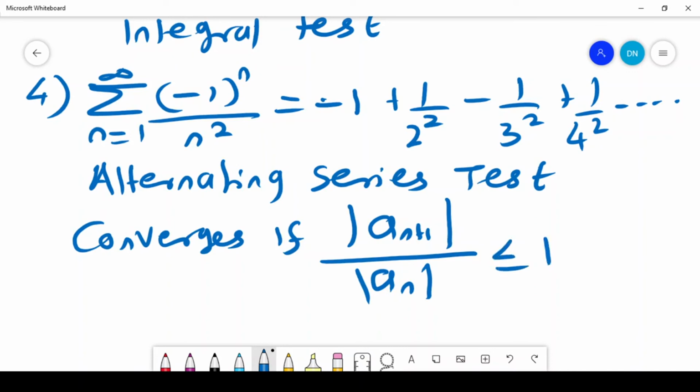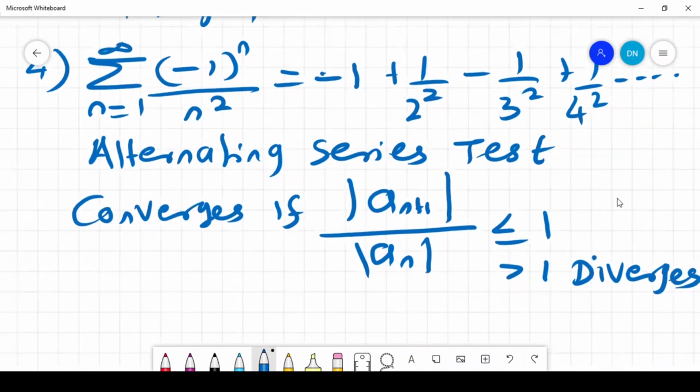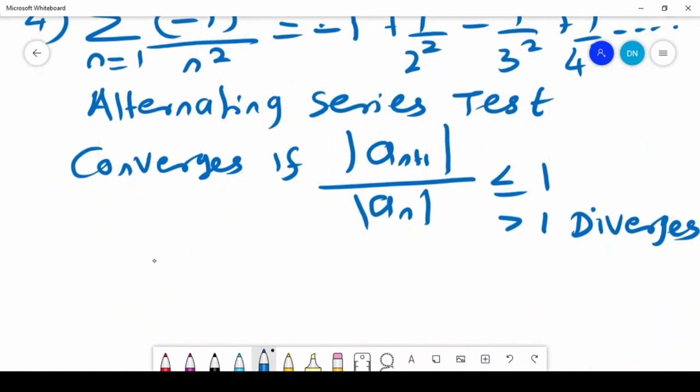And definitely if it is greater than 1, then it diverges. So we have to get the absolute value.